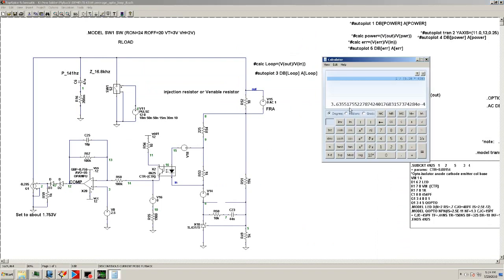So this is the time constant. Now we calculate what value of capacitor I need here to cancel that pole. With the time constant, all I have to do is divide by my integrator resistor.